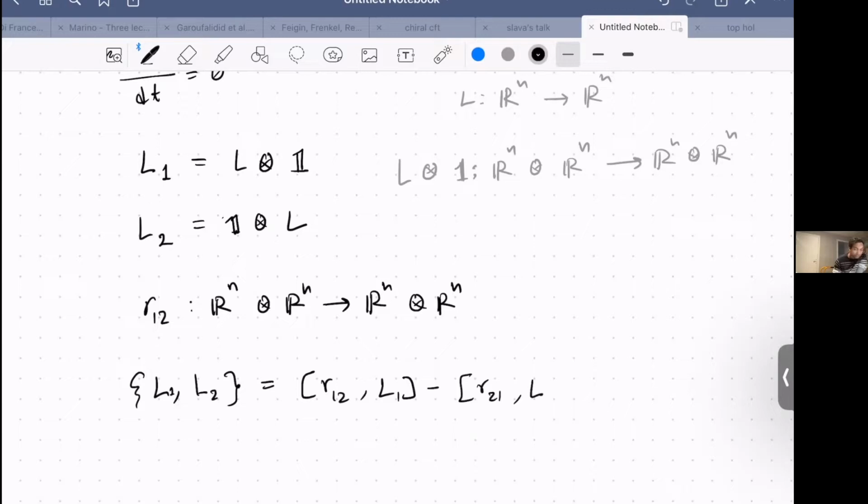Okay, so on the left-hand side, we have the Poisson bracket. And on the right-hand side, we just have the commutator with respect to matrix multiplication.